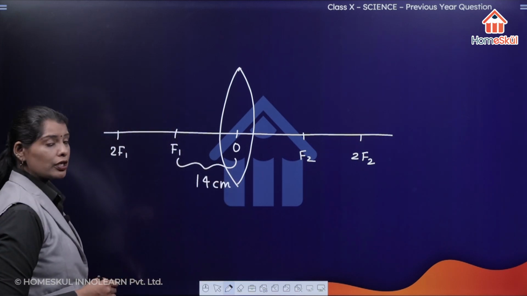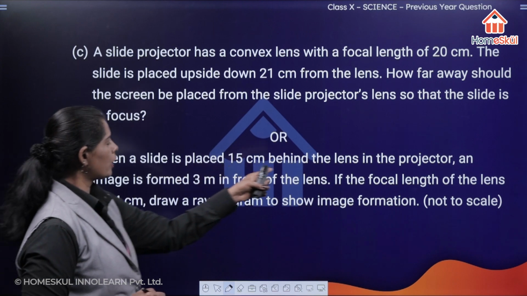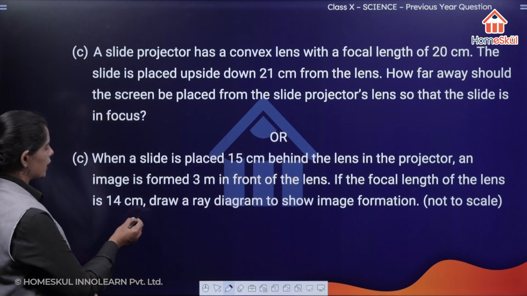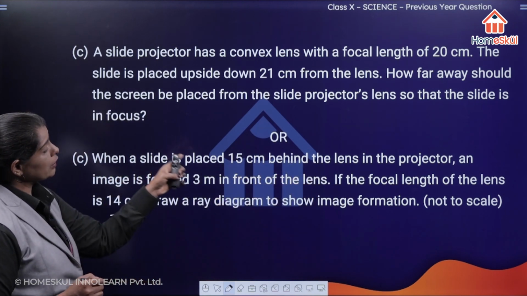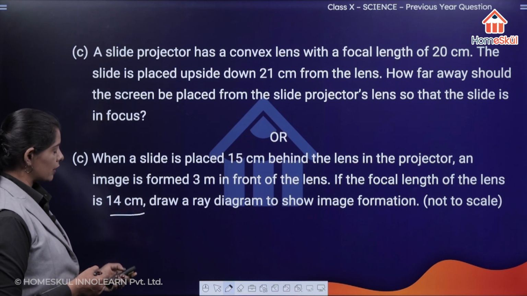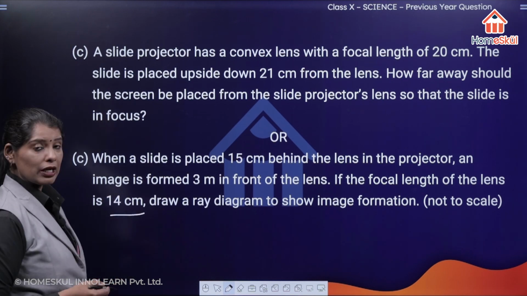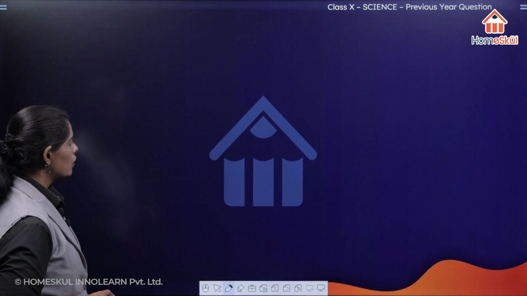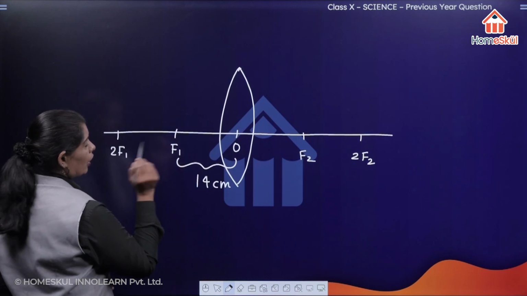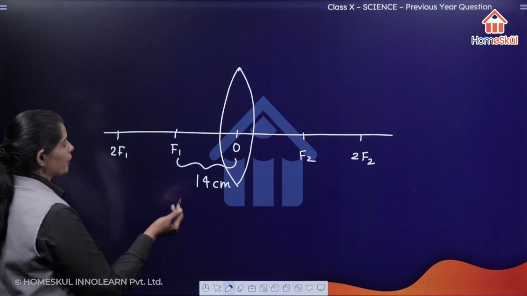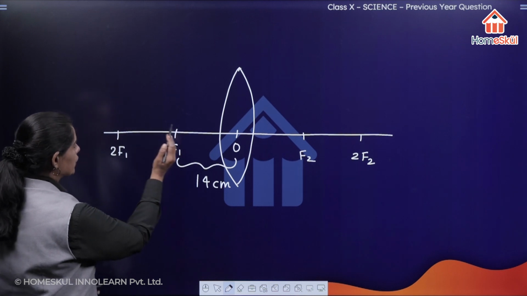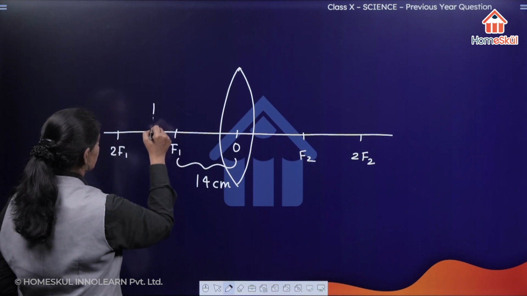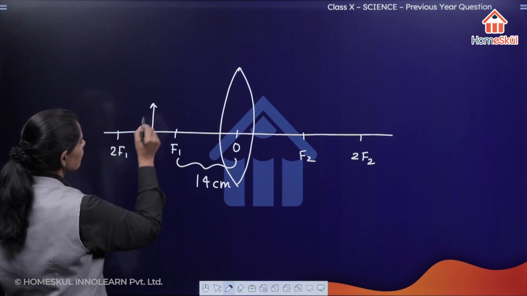As per the question, the focal length of the lens is given to be 14 centimeter and a slide is placed 15 centimeter behind the lens and image is formed 3 meter in front of the lens. So here we are keeping the object, that is the slide, 15 centimeter. That means it should be between F1 and 2F1. So, we are keeping the slide here.